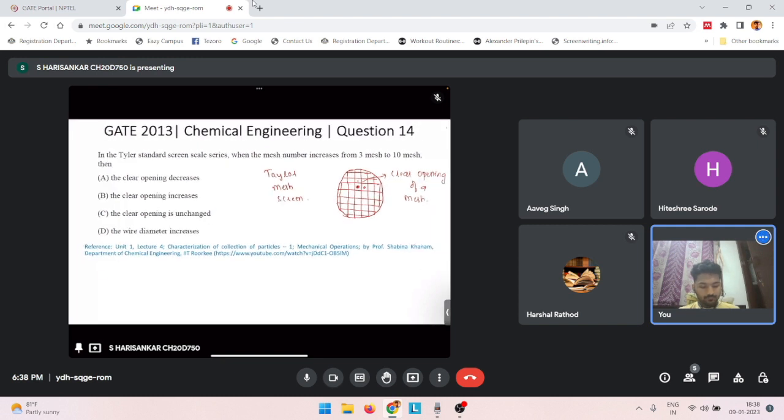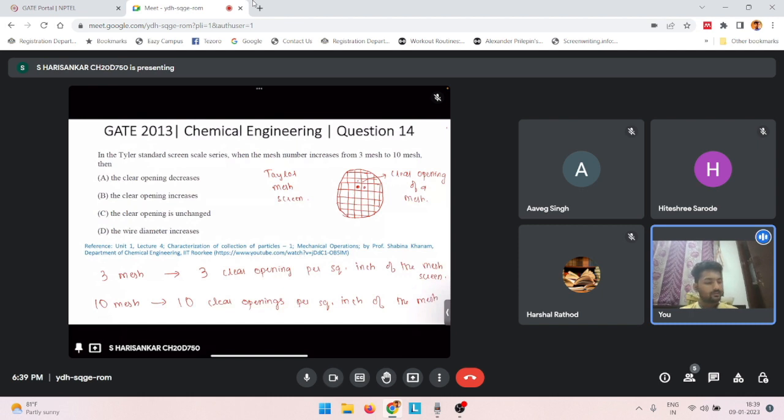When we say 3 mesh, that means there are 3 clear openings per square inch of the sieve or the mesh screen. And when we say 10 mesh, that means there are 10 clear openings per square inch of the mesh.